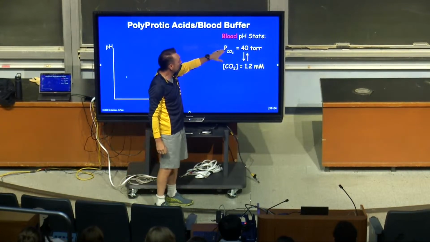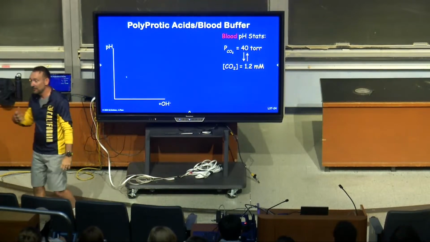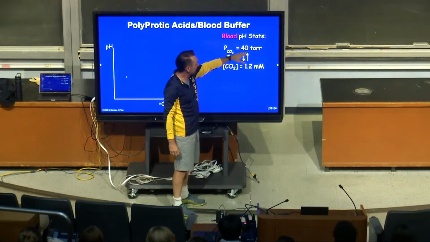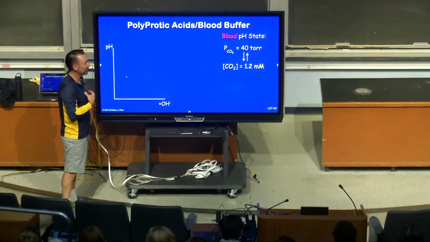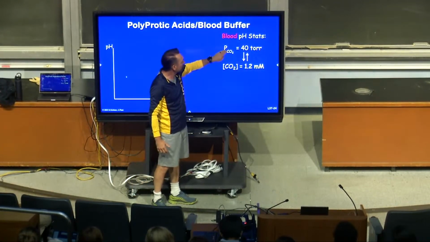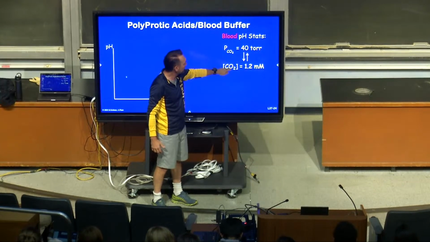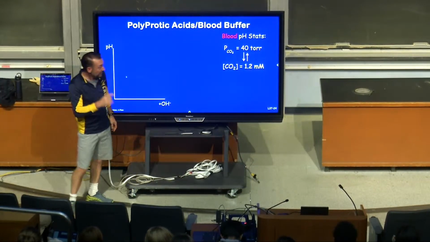In your lungs, as you're breathing, the partial pressure of carbon dioxide is about 40 torr, so not very high. 700 torr is around an atmosphere, so 40 torr of partial pressure carbon dioxide in your lungs. And that equilibria, we know how that works. Partial pressure has an effect of fixing the concentration of dissolved carbon dioxide in your blood, in the solution.